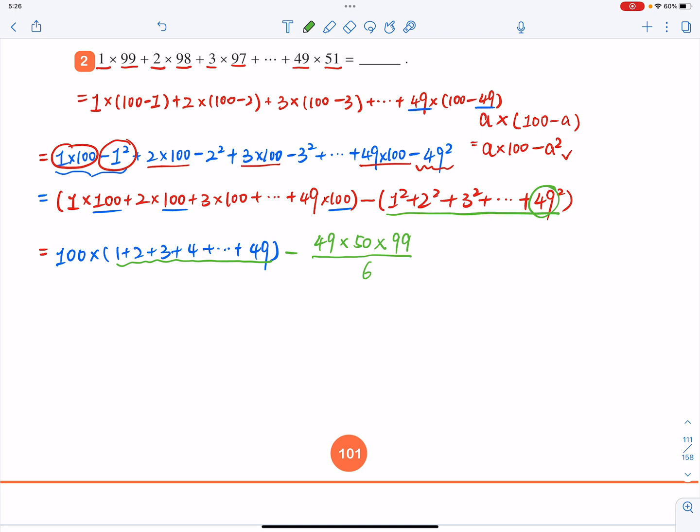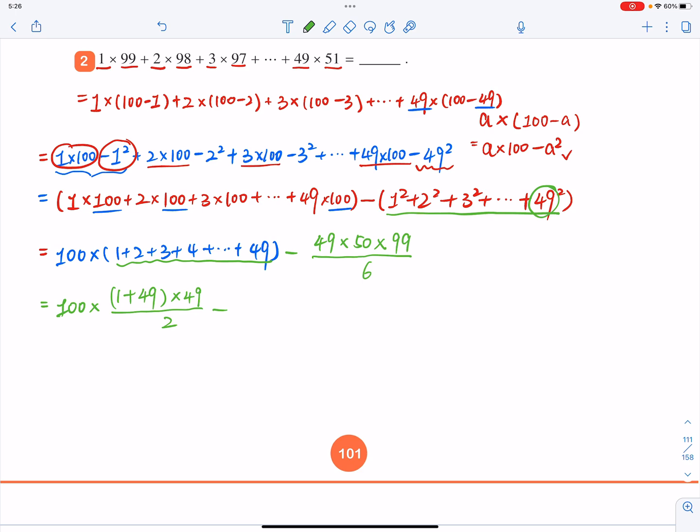Okay, now let's do the further calculation. Here you got 100 times by its arithmetic sequence. We can get the sum by doing first term adding the last term in the bracket times by how many terms you have. You know that is 49 terms, and don't forget you have to divide it by 2. And then take away.